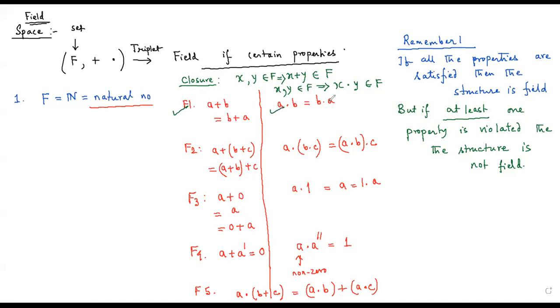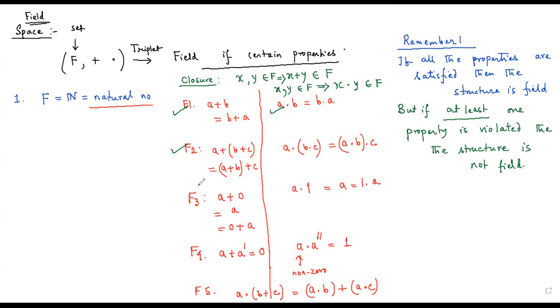Commutativity with respect to multiplication is also satisfied. So we do not have any problem with F1 in the case of natural numbers. Similarly, it is easy to verify that you can associate the natural numbers according to these rules with respect to addition and multiplication. So the natural numbers are associative with respect to addition and multiplication.